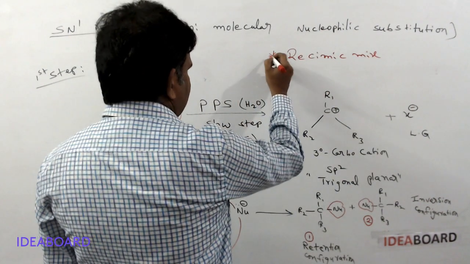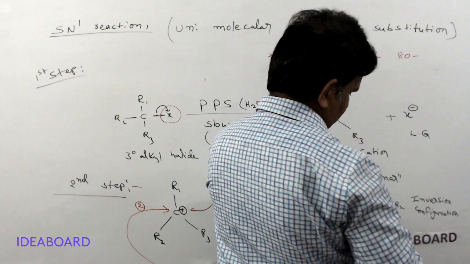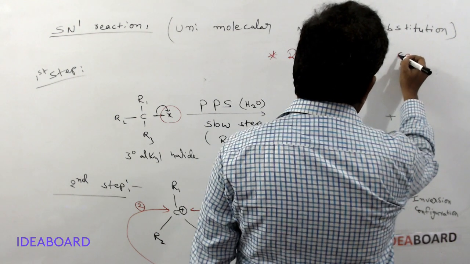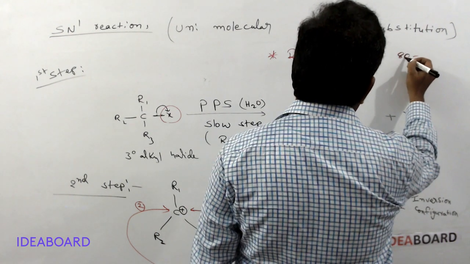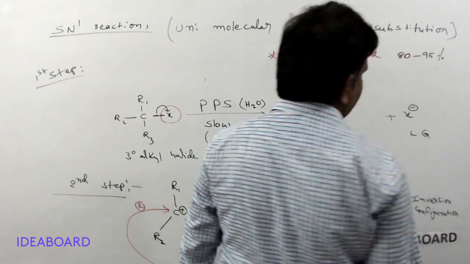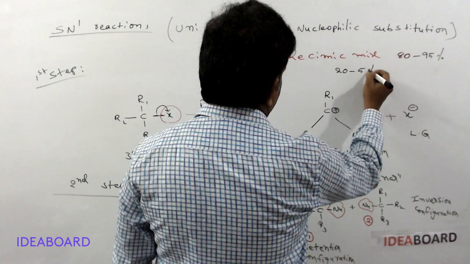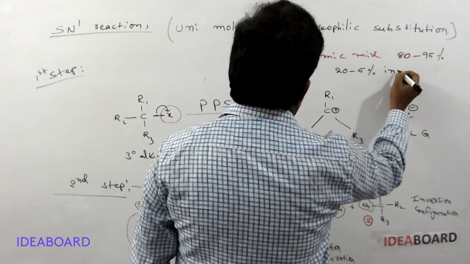Very important, please remember: 80 to 95% racemic mixture is formed, and 20 to 5% inversion product is formed.